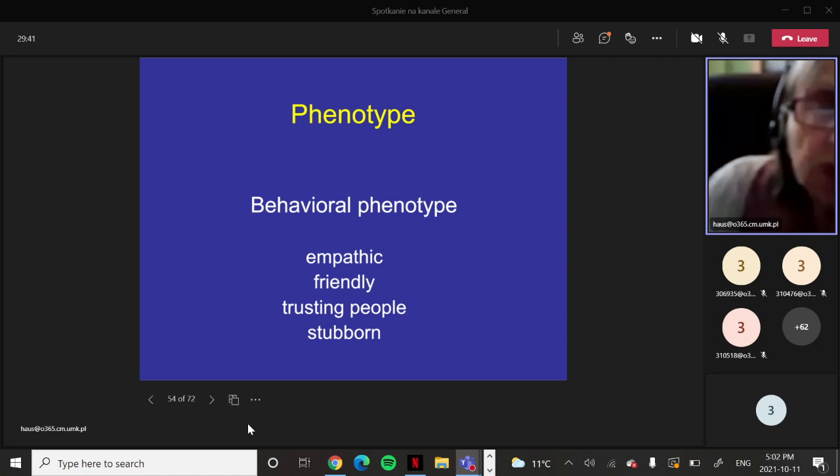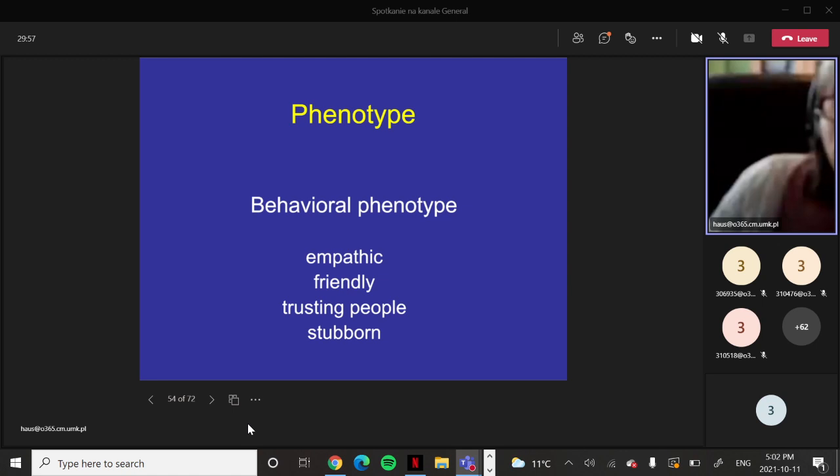And we can differentiate many types of phenotype, many features of which are included in the phenotype. Phenotype consists also of the so-called behavioral phenotype, and we know that children and adult persons with Down syndrome are empathic, are friendly, they trust people, but they are stubborn also.